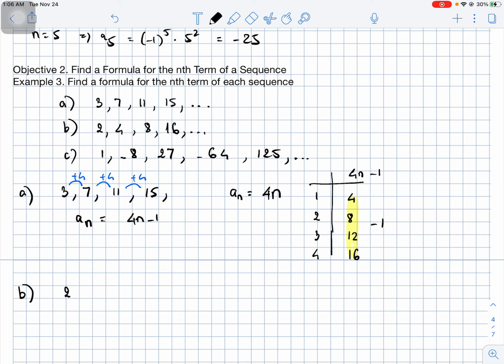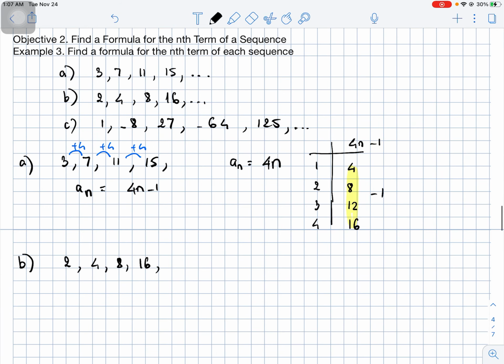In problem B, we have 2, 4, 8, and 16. What do you think the next number will be? We will multiply the number by 2, right? So we will get 32. However, I'm going to rewrite this list.